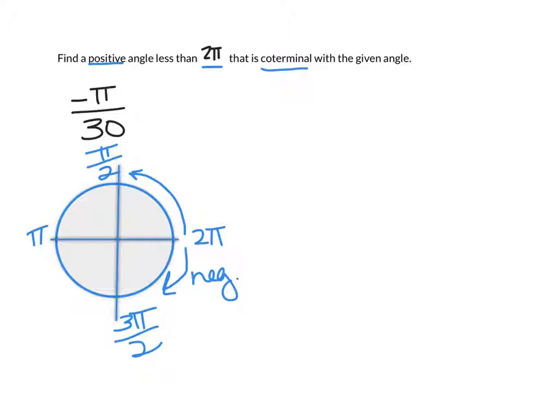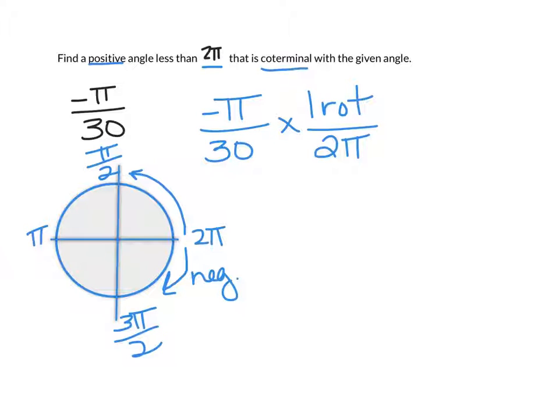So I'm going to set up this ratio. My known angle is negative pi over 30, and I want to convert to rotation, so I'm going to multiply it by my conversion factor, which is that one rotation around the circle is equal to 2 pi, because we've already established that one full rotation around the unit circle is 2 pi.